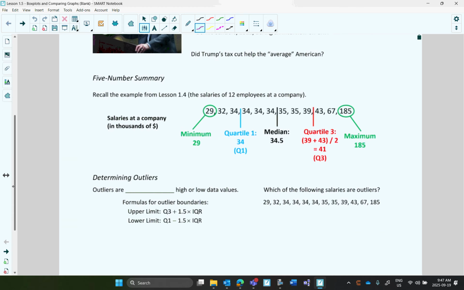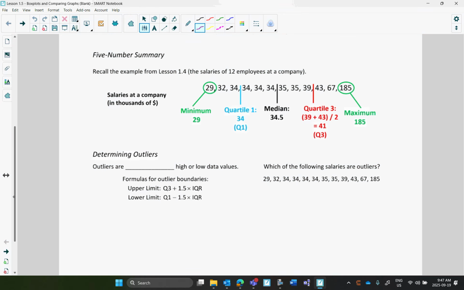Now, in the last lesson, we talked about how to find certain measures of center and variability, specifically the median and the interquartile range. We also talked about a couple other measures, mean and standard deviation, but we're not going to worry about those right now.